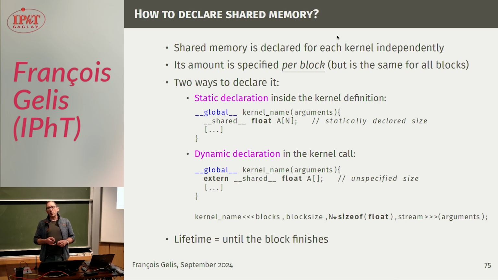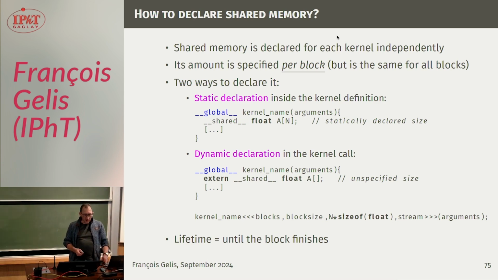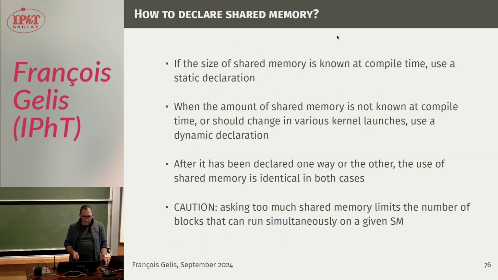So you cannot hope to put something in shared memory that will be read later by another block, because this will not work. Its duration is only while the block is still running.